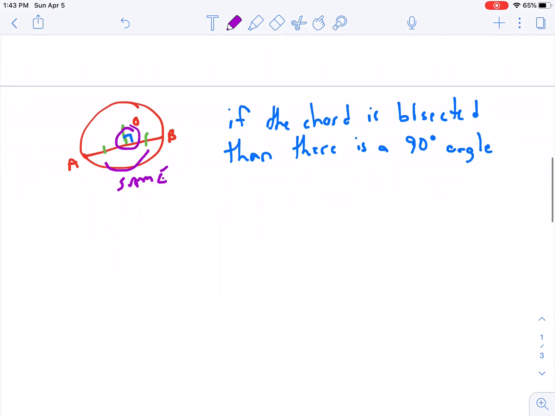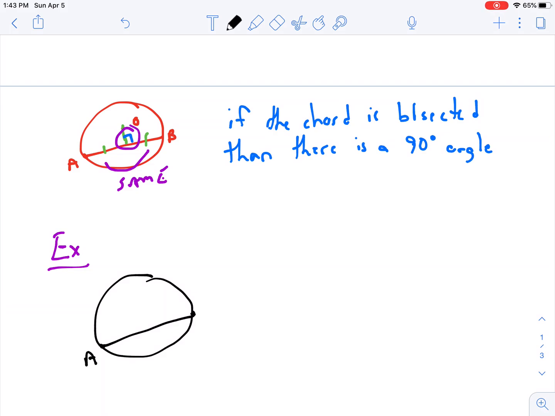So an example of a question that I might have where I'm looking to solve something like this, and I'll do it in black again. I could draw a circle, and I could give you a scenario where I have my chord running here, and I seem to always be doing the same one, but that's okay, AB, and I have my middle point, O, and now I'm going to tell you a couple of things. I'm going to tell you I have a line running out here, and I have a line running out here.